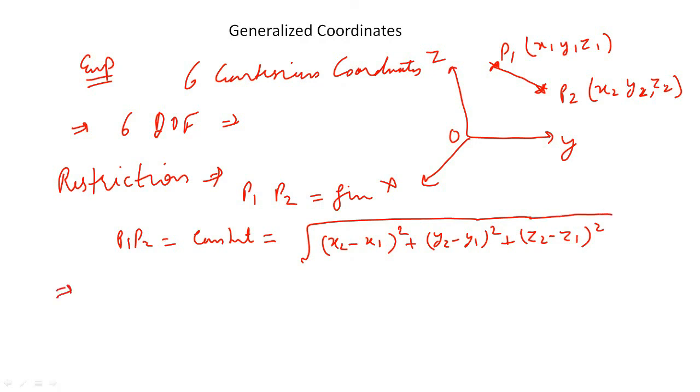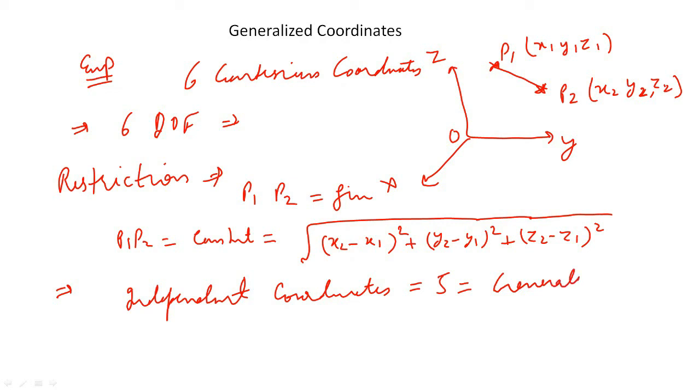Because there is one restriction, the independent coordinates will be 5, and these are called the generalized coordinates. In the earlier case, when the two particles were freely moving with no restriction between them, the degrees of freedom were 6, and we required 6 Cartesian coordinates to specify the position.